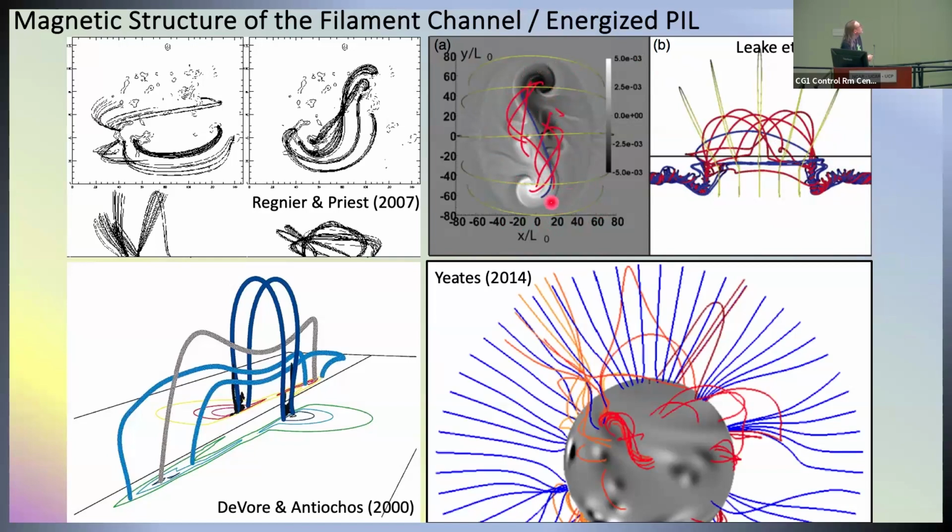So all of that shear and twist is what we're trying to get rid of in one of these CMEs. And if you do global relaxation, you get these structures basically on every polarity inversion line in your magnetic field model.